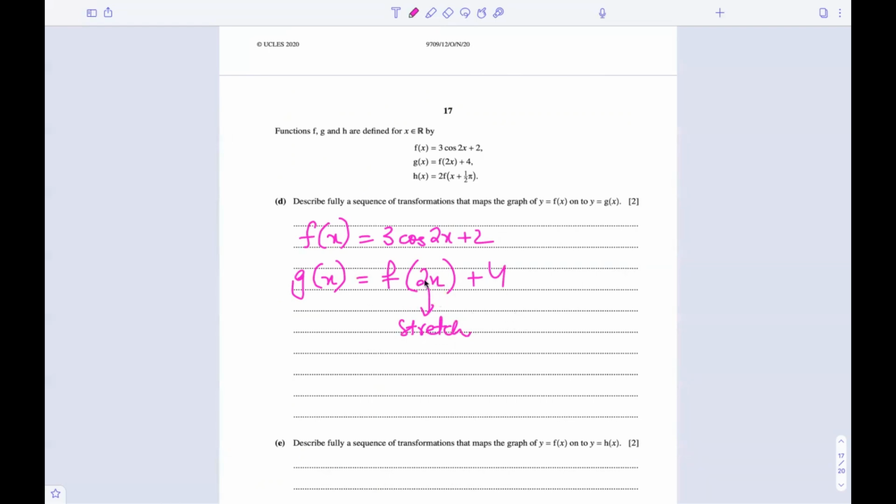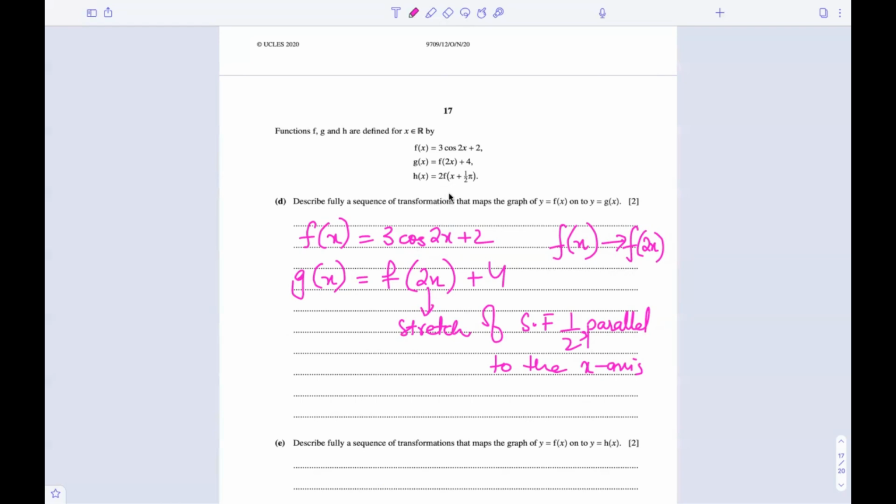So if we have a function f of x and it is transformed to f of 2x, it is a stretch with scale factor half parallel to the x-axis. And this plus 4 represents a simple translation in the y direction.